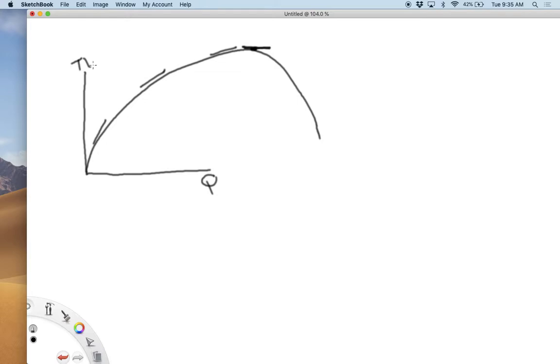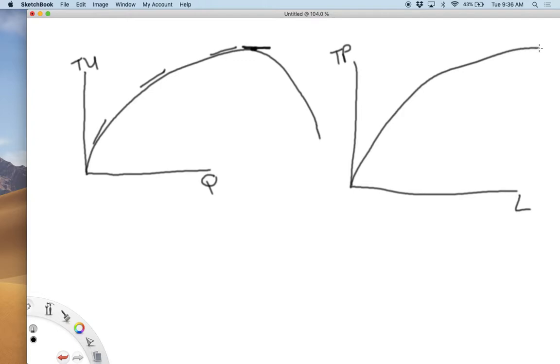So this would be total utility. So here with workers, as you add more and more workers, okay, total product is increasing, increasing, increasing, but it's increasing at a decreasing rate. So the marginal product is decreasing, okay? And similar for if you do the same thing for capital, okay?